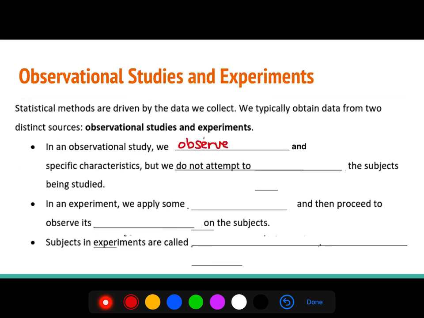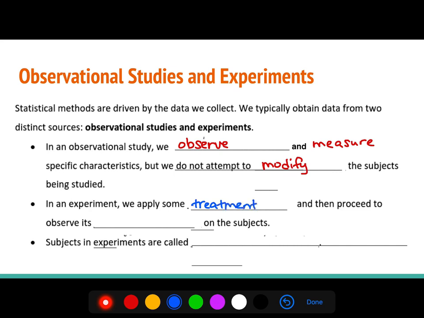So what if you can't? Well, then there are observational studies. An observational study is where we observe and measure specific characteristics, but we do not attempt to modify the subjects that are being studied.